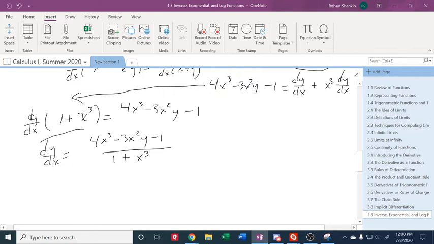That's a legitimate answer. That's the answer we get when we use implicit differentiation.